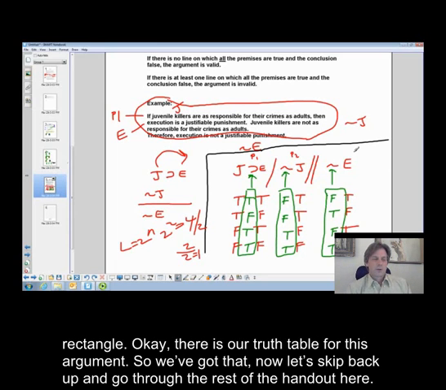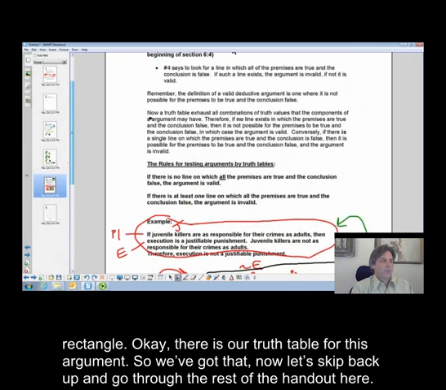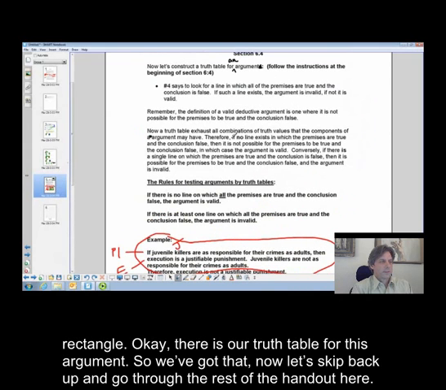Okay, there is our truth table for this argument, right? So we've got that. Now let's skip back up and go through the rest of the handout here.